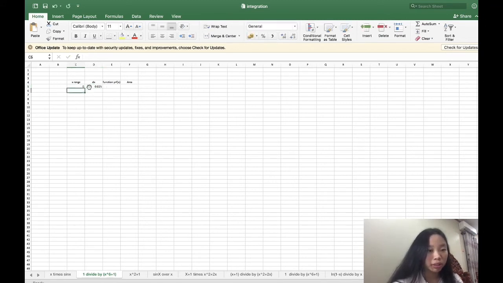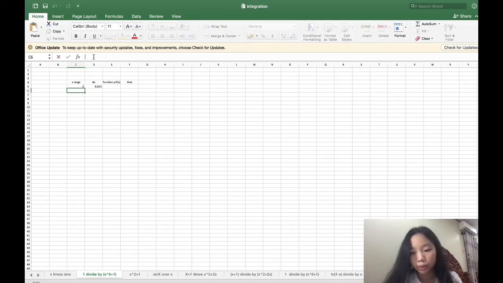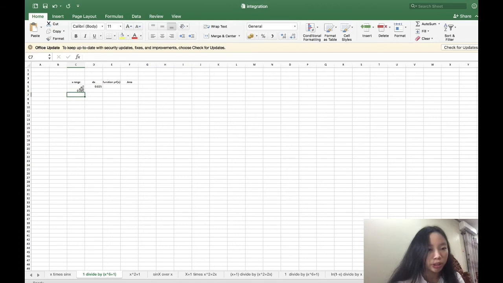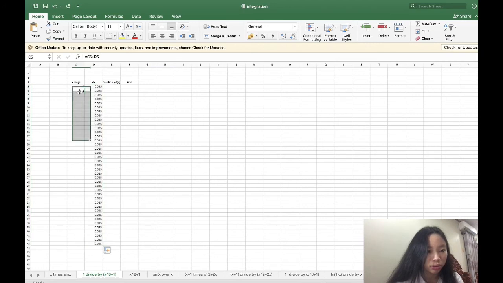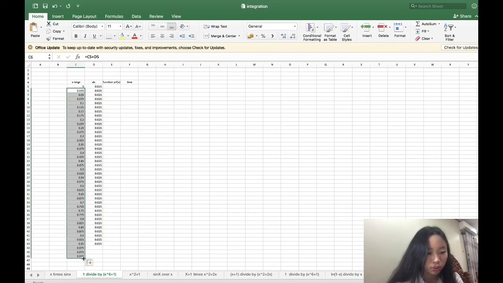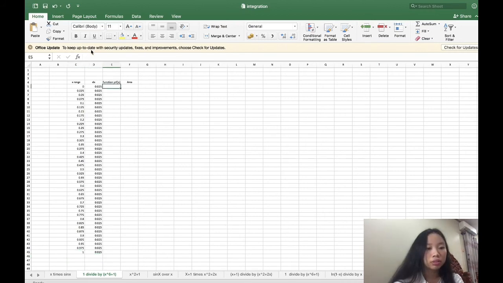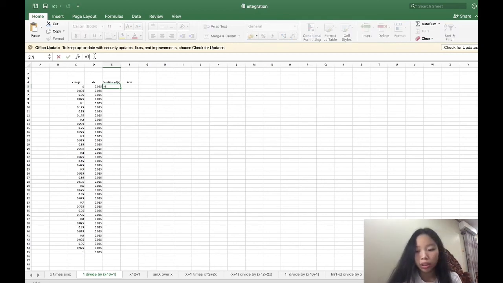Here the same, plus these two together, so equals to cell C5 plus D5, equal to 0.025. This one remains the same. I'm gonna drag it down, drag this down too. Only have to make it until 1. And the function is the integral problem, which is 1 divided by x to the power of 6 plus 1.